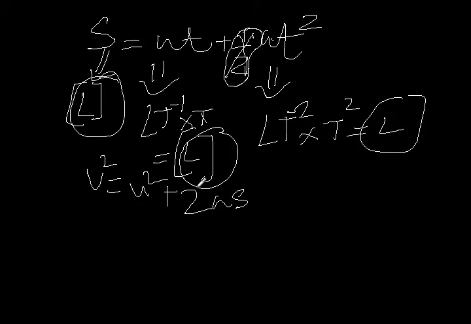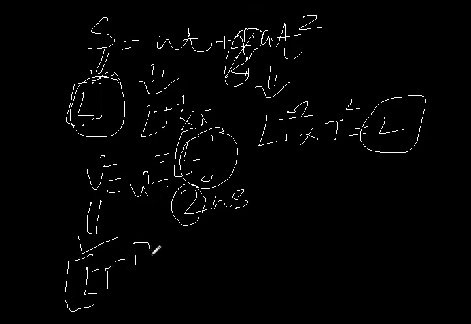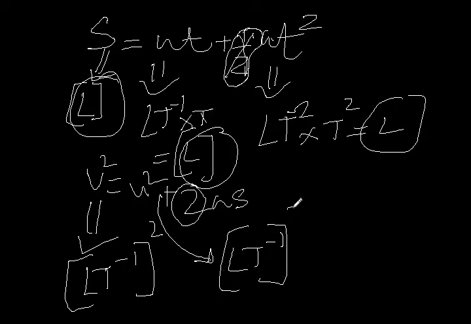Now I check it for V square is equal to U square plus 2A into S. Now again I should remember that this 2 is of no use for me. So I have V square, so that is L t minus 1 square, which gives me L square t minus 2. Same for U, I have L t minus 1 to the power square. So it is L square t minus 2. And what about A into S?